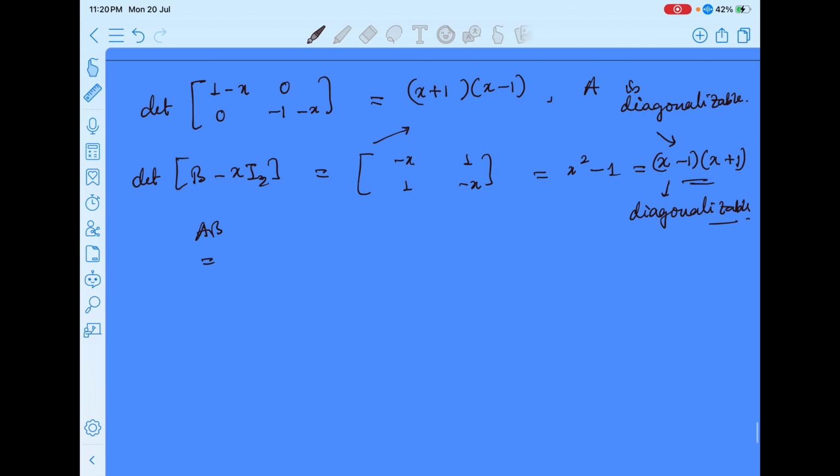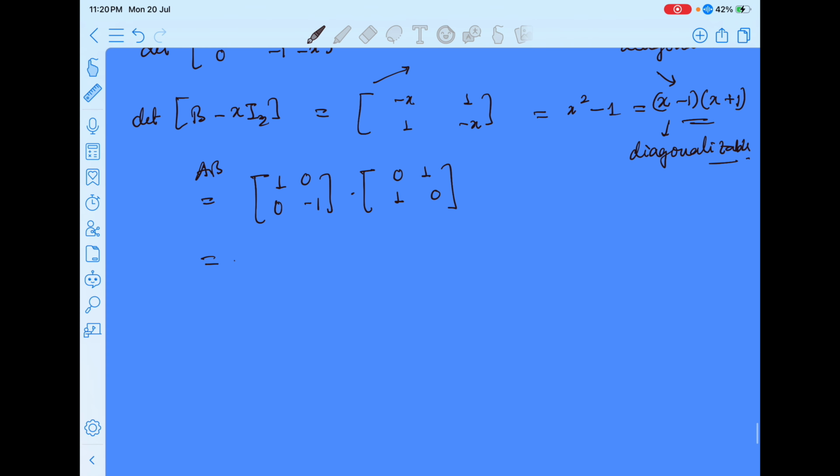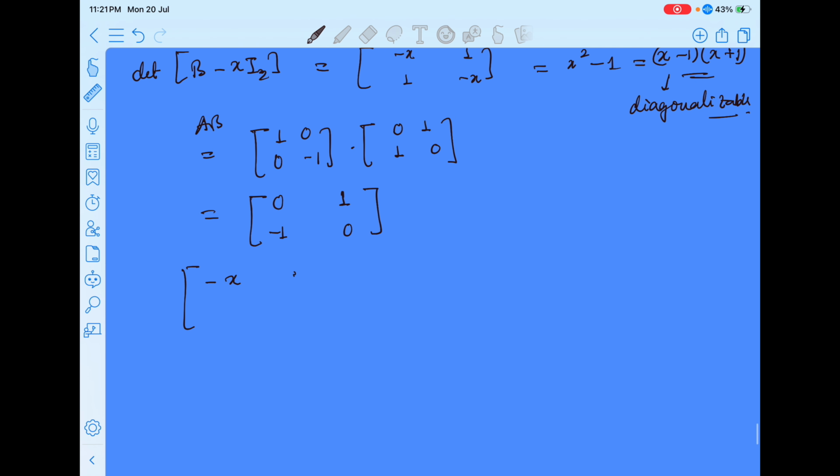Okay, so AB equals [1 0; 0 -1] times [0 1; 1 0]. This will give you [0 1; -1 0], right? But what is the characteristic polynomial of that? That is [-x 1; -1 -x].